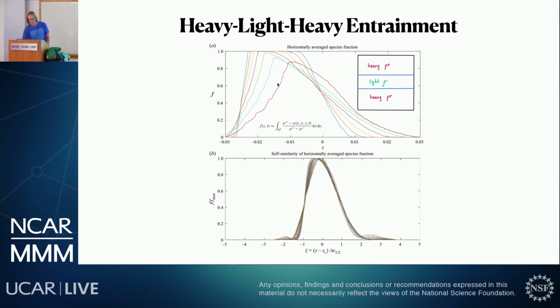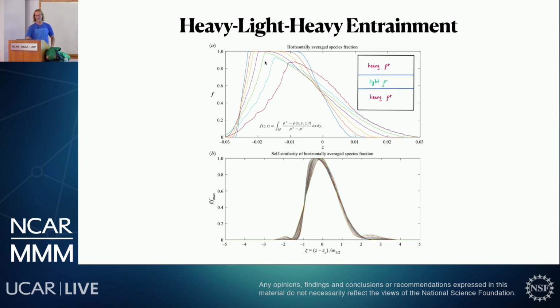And this is extremely accurate. What I've plotted here is you subtract the heavy fluid, rho plus, from whatever density is actually sitting at the location. Then you divide by the difference, rho plus minus rho minus. Rho minus is the light fluid. And then you horizontally average, and what's left is a function of the vertical direction z. And you plot this.